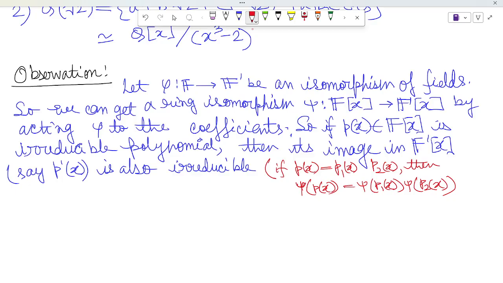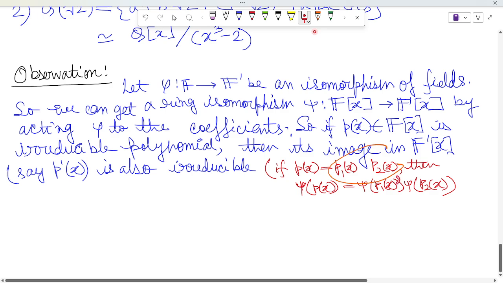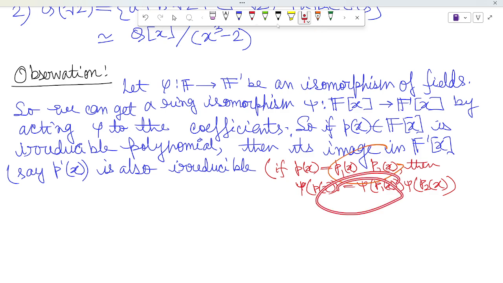So it maps a non-zero element to a non-zero element. So it will never decrease the degree. So it will preserve the reducibility here. So if this is properly decomposable, that will again be properly decomposable. That is the correct result.